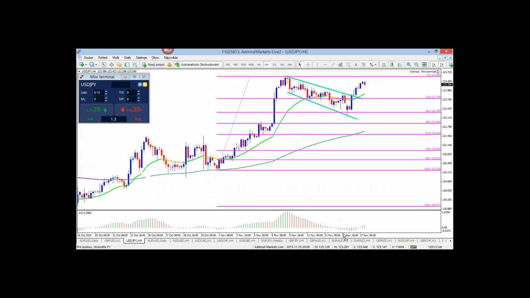Depending on your exact price feed, I was looking for a 4-hour candle close, a strong close near the high, right? That could vary from trader to trader, how the price feed looks exactly. Some might get an entry at 123, some might get 123.16, stuff like that.